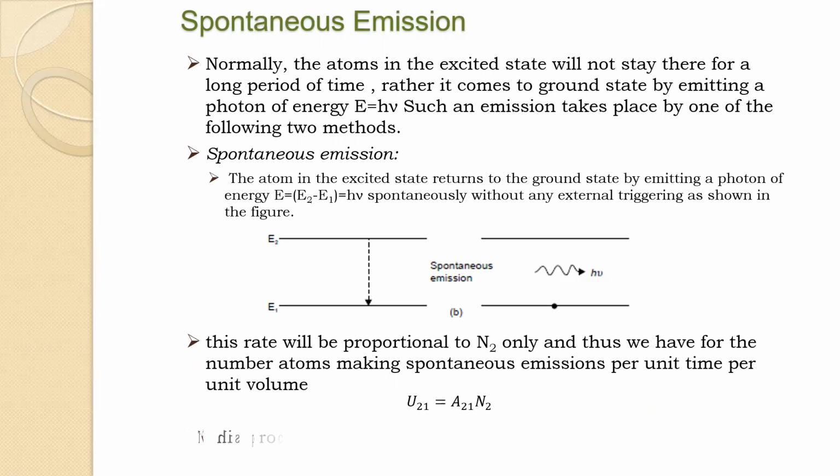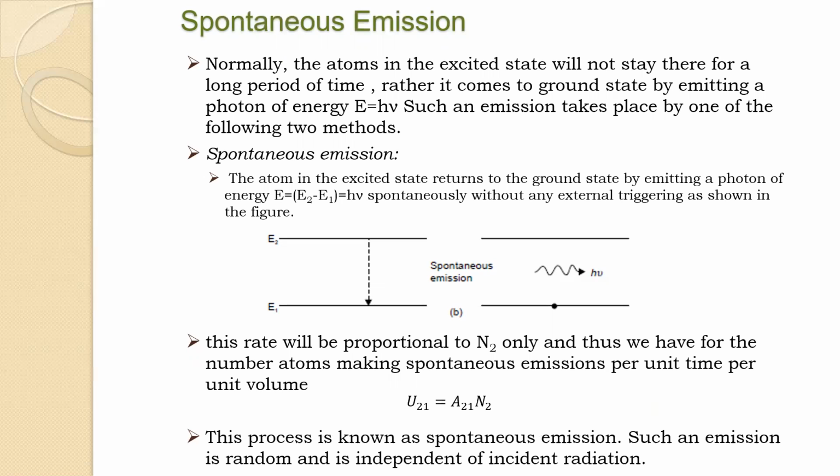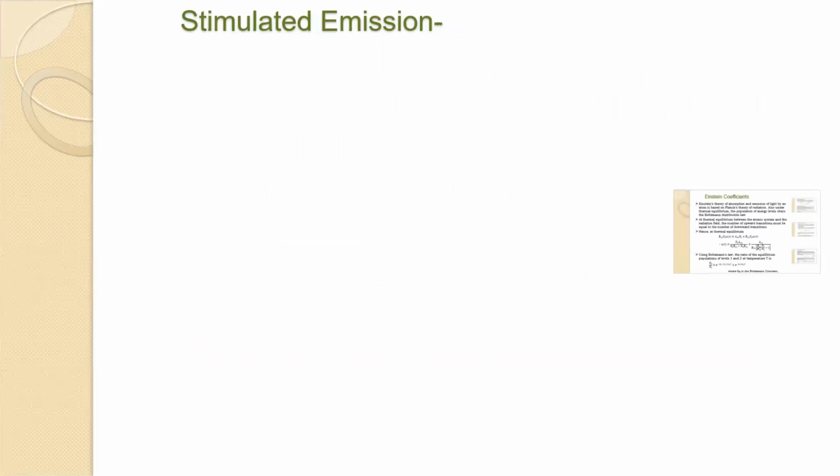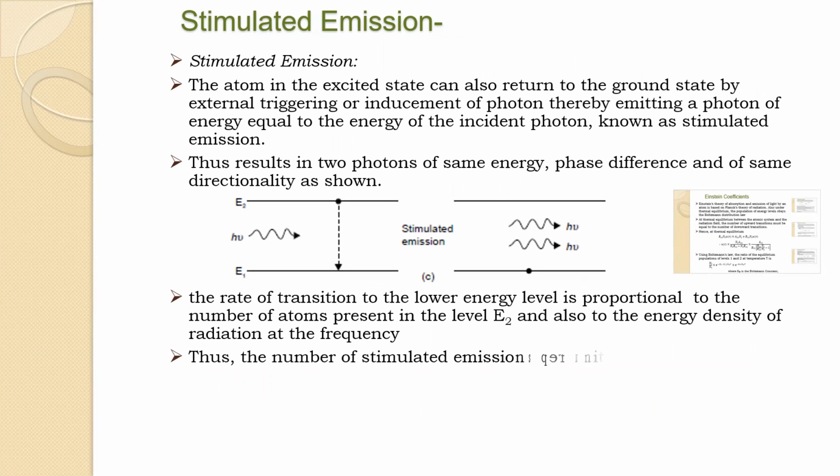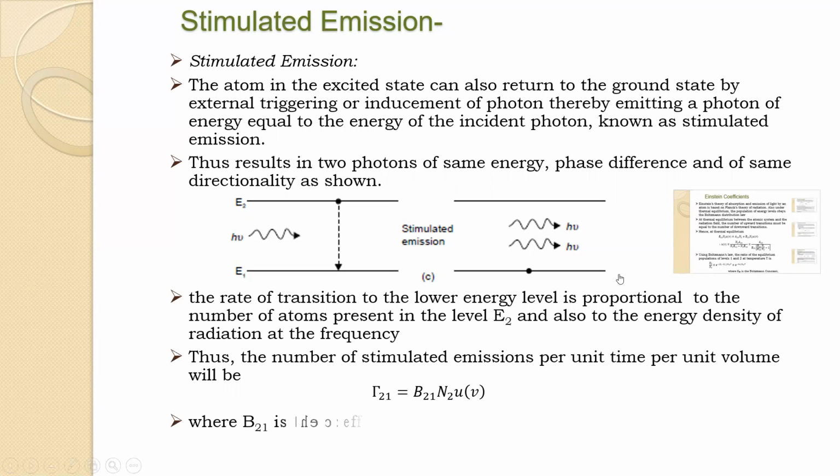And in stimulated emission, we obtained the number of stimulated emissions per unit time per unit volume as gamma 21 is equal to B21 N2 U of nu.